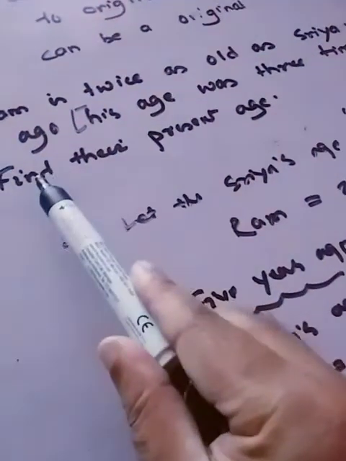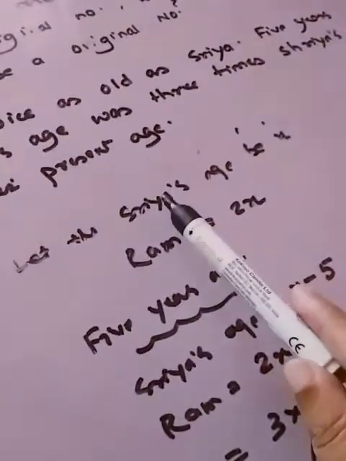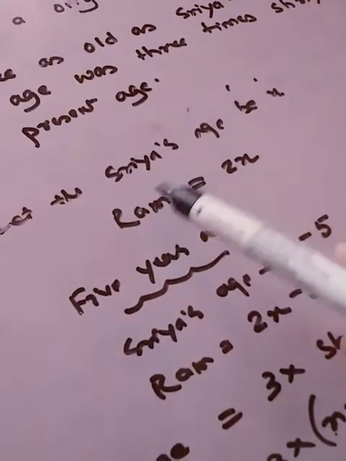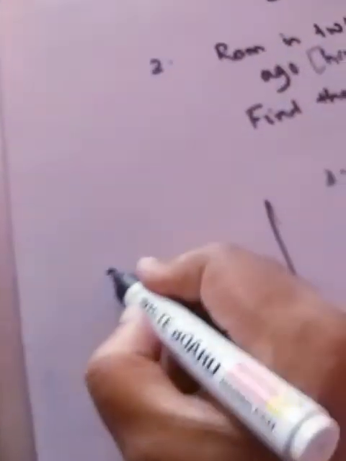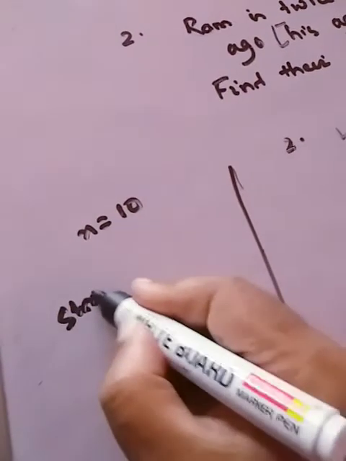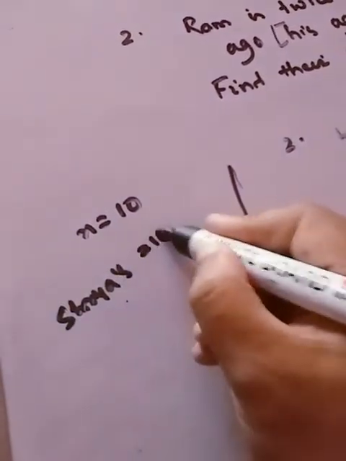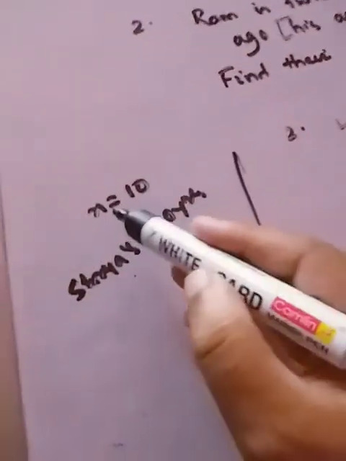Actually the objective of this question is to find the present age. So what is the present age of Shreya? It was x and Ram was 2x. So as we are now aware of the x value, x is 10. Shreya is 10 years, because we let the present age of Shreya be x. So the value of x is 10.